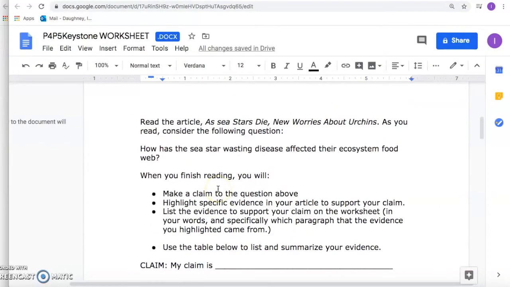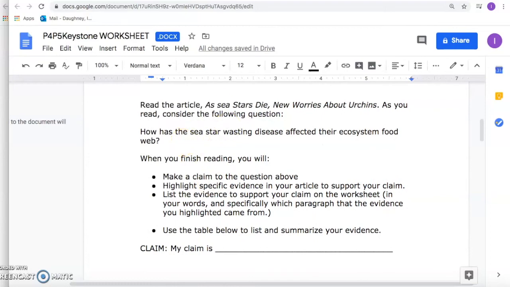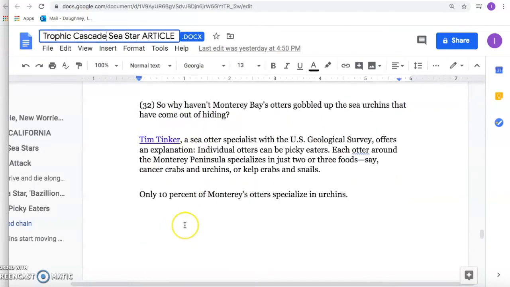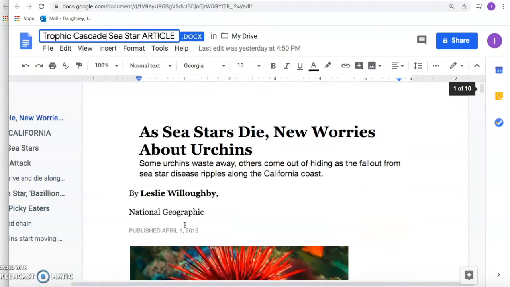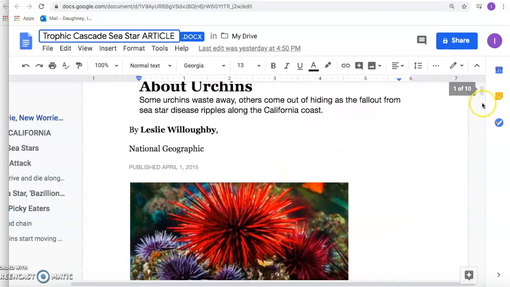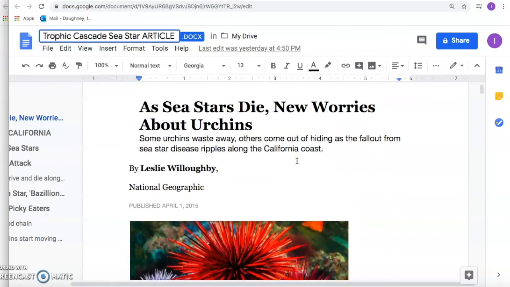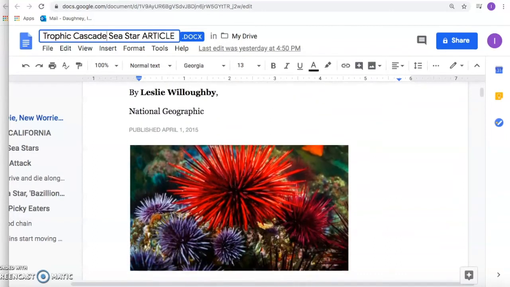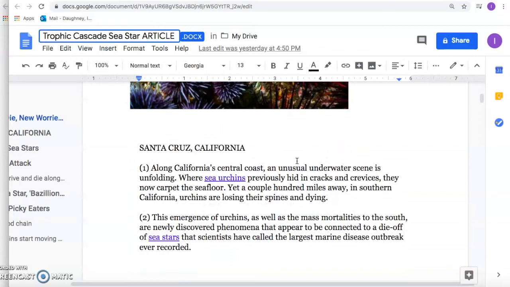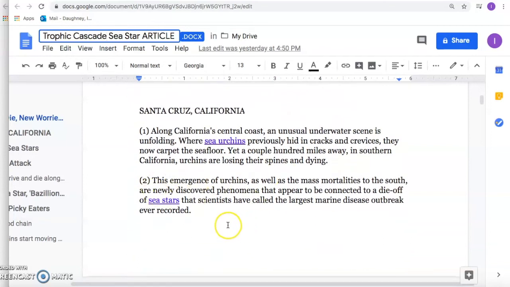The second part is you're going to read the article, and I gave you all this article, okay? It says that it's 10 pages long. Do not think that it is a crazy long article, because it's not. The reason it's 10 pages is because every sentence or every chunk of the article is this big, okay?